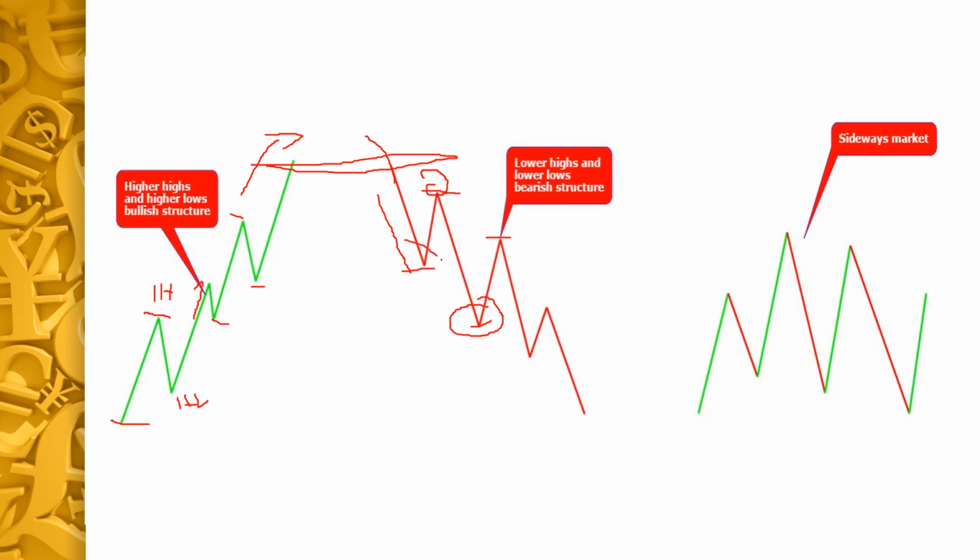This lower low is not enough for you to start selling the market. So when you have a couple of lower lows and a couple of lower highs, you're going to get much more confirmation that the trend is probably much safer now to short this market.